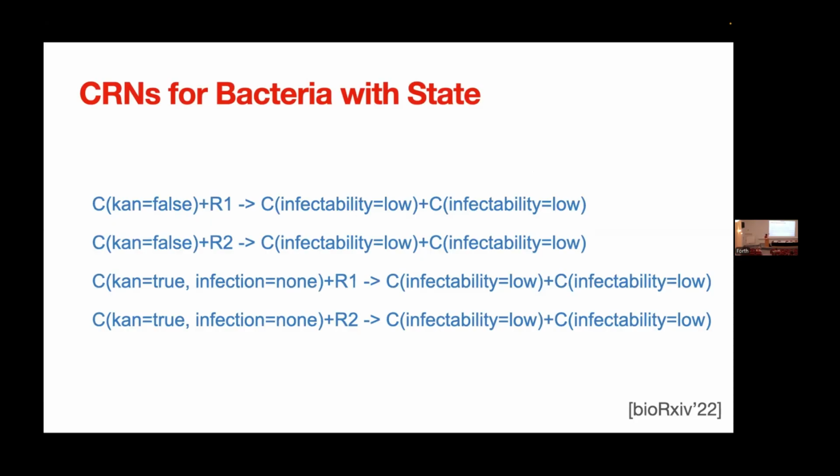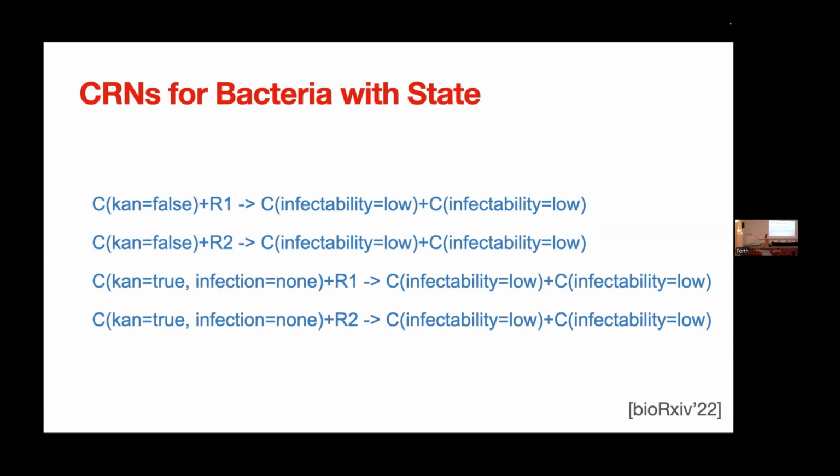This is a part of the chemical reaction network that we constructed for this work. And what you would see, so here, for example, it's just growth again. So C and R, again, it was R1 and R2. Both of them happen here. And now we have C, but every C has a state attached to it.